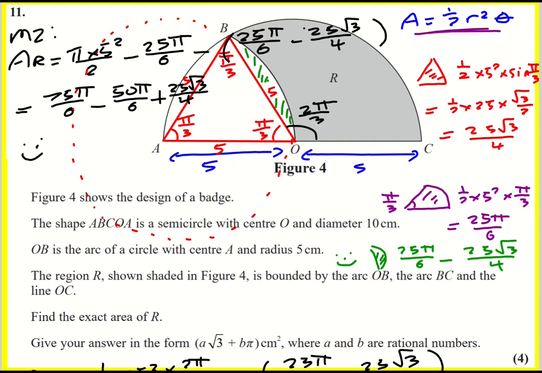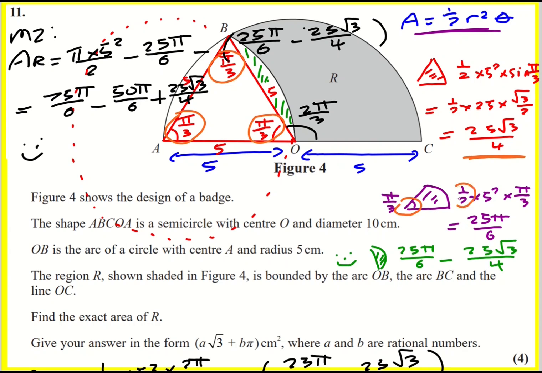The only final thing to say is if you work in degrees throughout, you would just replace these by 60, and you would do a half times 5 squared times sine 60, putting your calculator into degrees, and you get the same answer here. When you're dealing with the sector, you'd use 60 here, and then it would be 60 over 360 for the fraction, or 1/6, 1/6 of pi r squared.